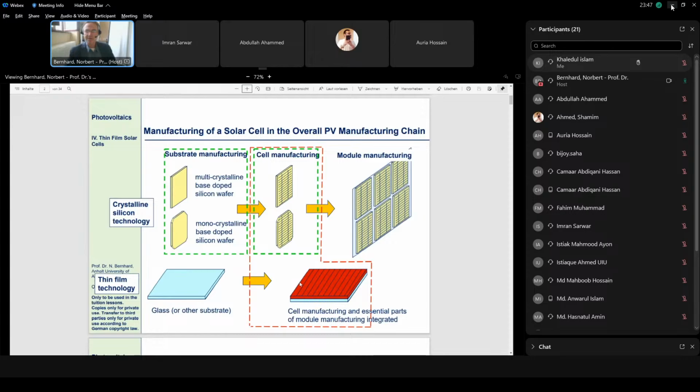Both these cells, you see, have one unfortunate fact. They contain the poisonous cadmium. I mean, here only as a thin buffer layer. In the cadmium telluride cell, of course, cadmium is the main constituent. And there's a lot of debate in the PV community whether it makes sense to use in a green technology such a poisonous element as cadmium. I mean, first solar, of course, say it's not a problem at all.